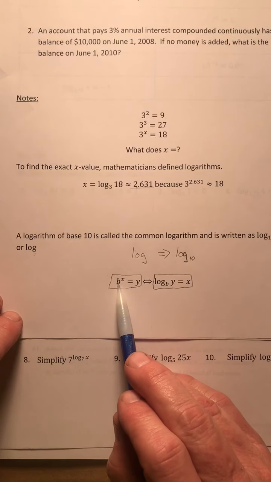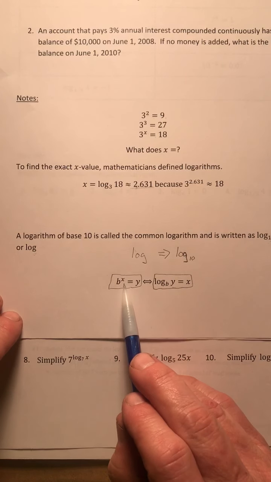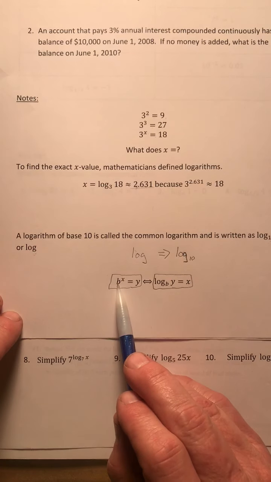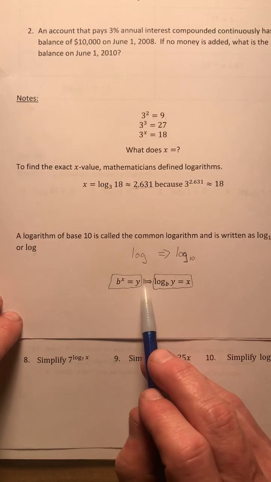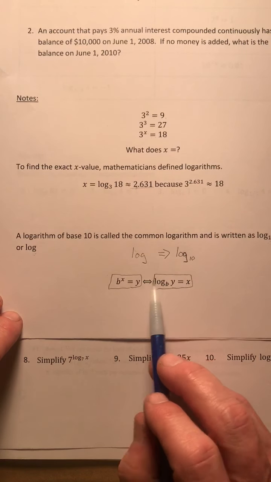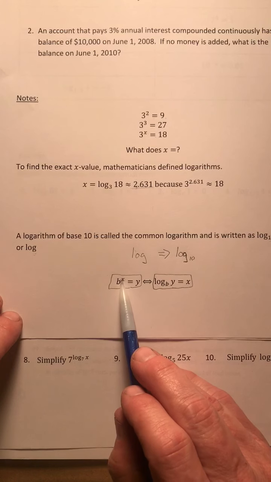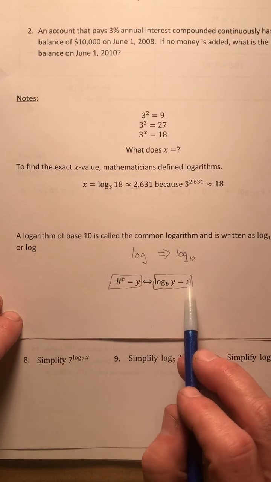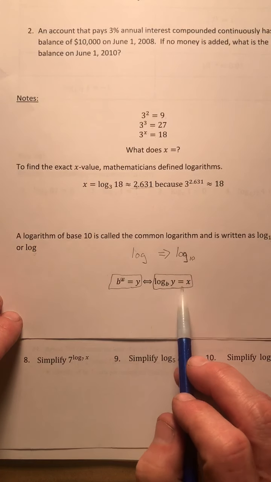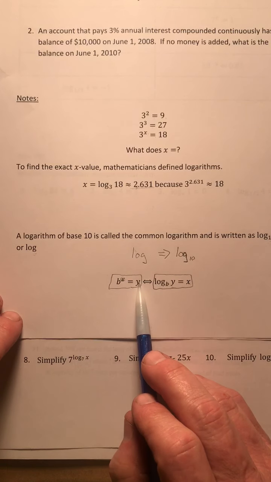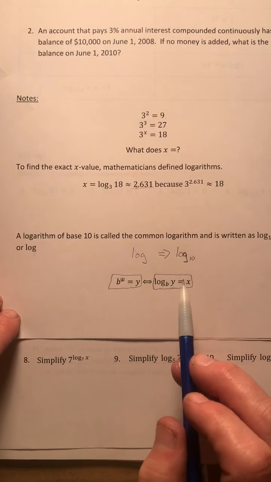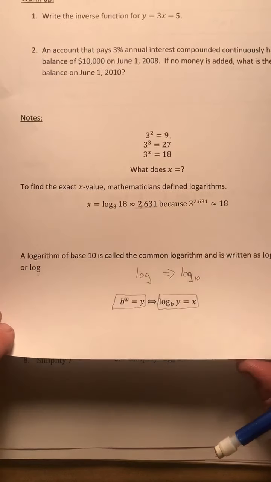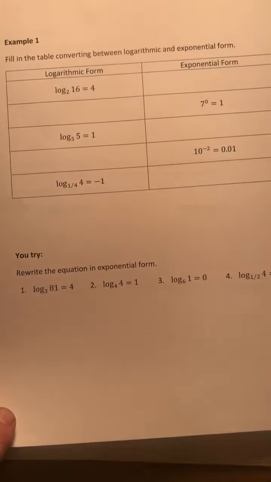So whenever we rewrite this into log form, the b that's here goes for the base, and the same way when we're taking it out of this form, we put the b there. Whatever you have as the exponent goes on the other side of the equal sign when you write it in log form, and what's on the other side of the equal sign goes after the log. It should make sense when I do a couple for you.